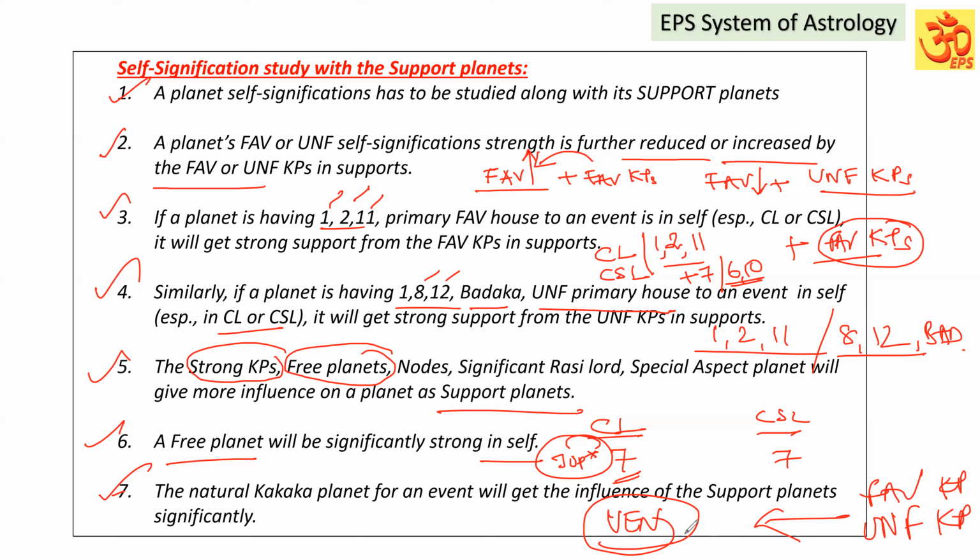It means Lagna, second house, 11th house, and favorable primary houses will get the favorable impact more, and 1, 8, 12, Badhaga and unfavorable primary houses will get the unfavorable key planets' impact from the supports more. Similarly, the natural Karakatva planet Venus, if it is getting favorable support or unfavorable support from the support planets, will be significantly influenced by the support planets.